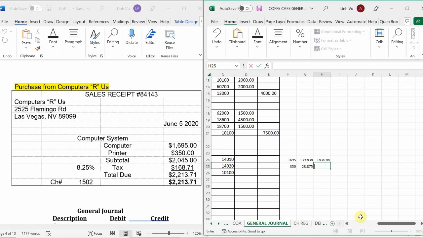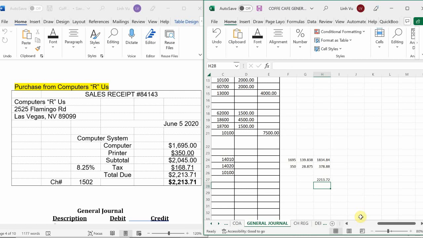The printer is 28.88, but your total is 378.88. So in this case, if I were to add these values up together, that should equal your total. You're off by a penny. Did you round? I did not, but even if I were to round it, what's wrong here?